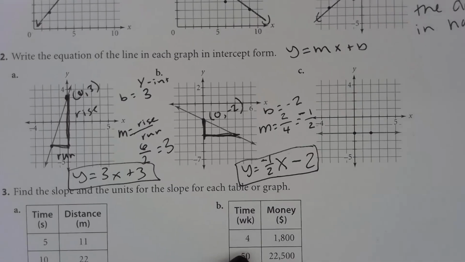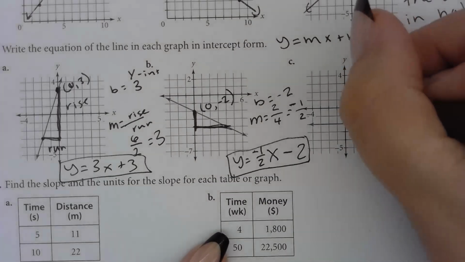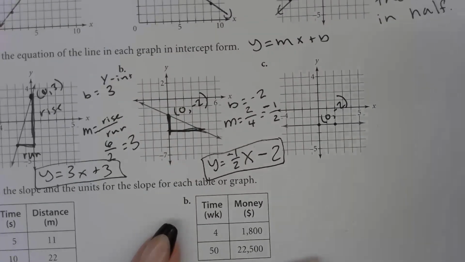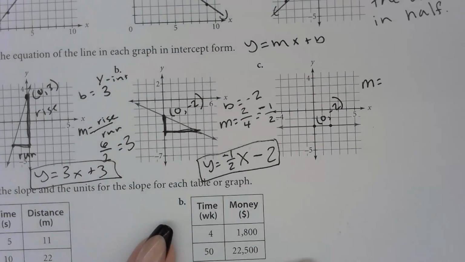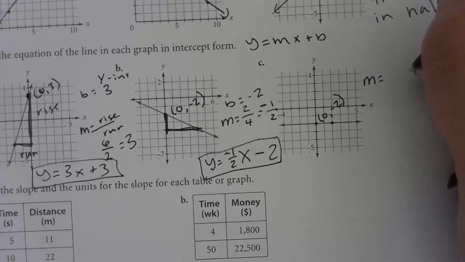Where is our line crossing the y-axis? Is it defined? Vertical lines are undefined. What do we call horizontal lines? 0. This is a 0 slope.